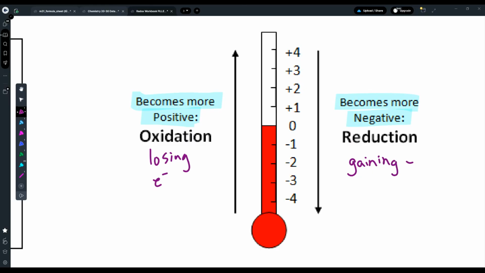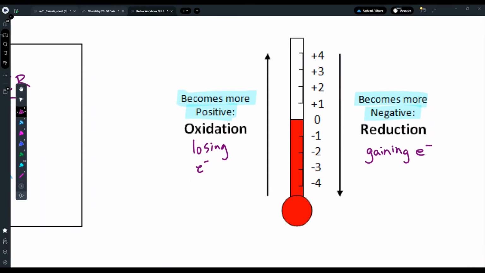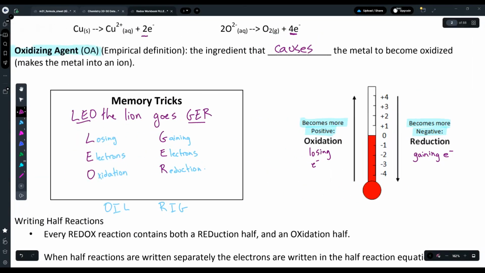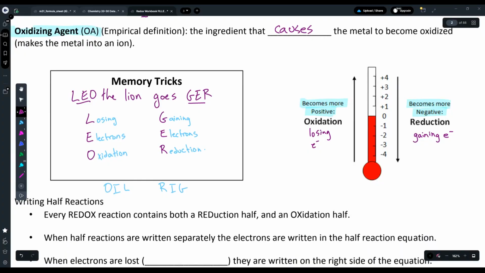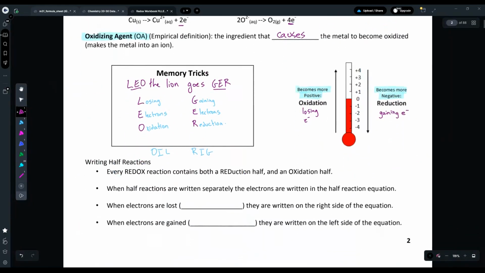And remember, electrons have a negative charge, so the more electrons you gain, the more negative a charge you have. So that's why if a substance undergoes reduction, it's going to become more negative, whereas for oxidation, it becomes more positive because it's losing electrons. It's losing that negative.